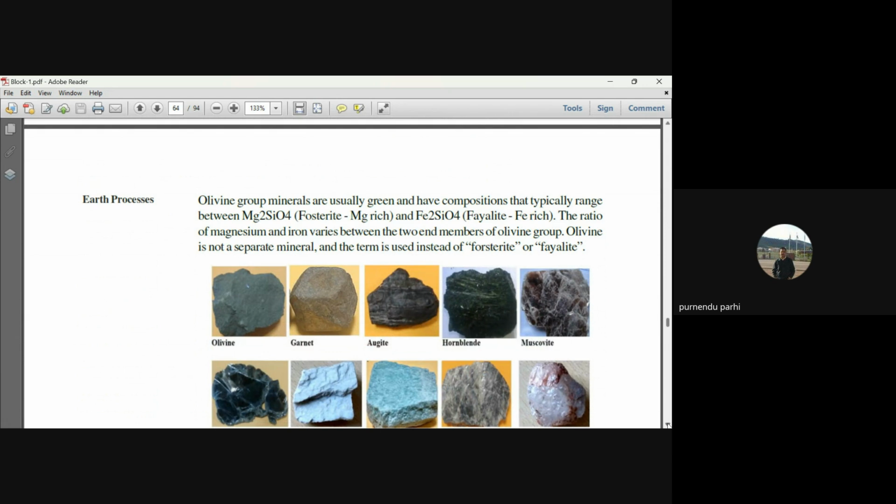Olivine group minerals are usually green and have a composition that typically ranges between Mg2SiO4 and Fe2SiO4. The ratio of magnesium and iron varies between the two members of the olivine group. Olivine is not a separate mineral, and the term is used instead of forsterite or fayalite.